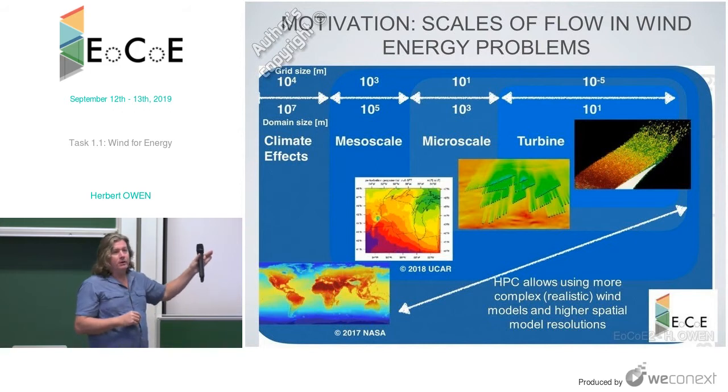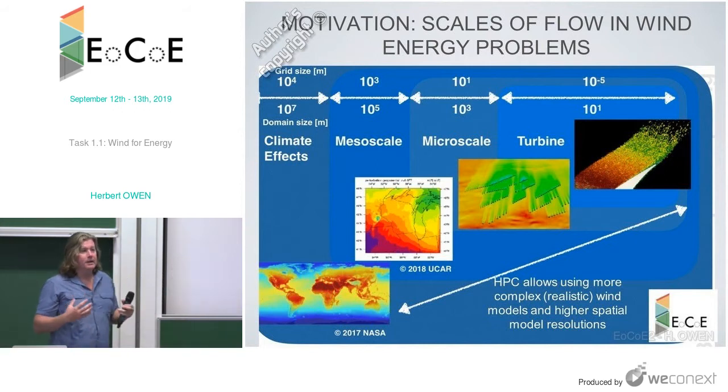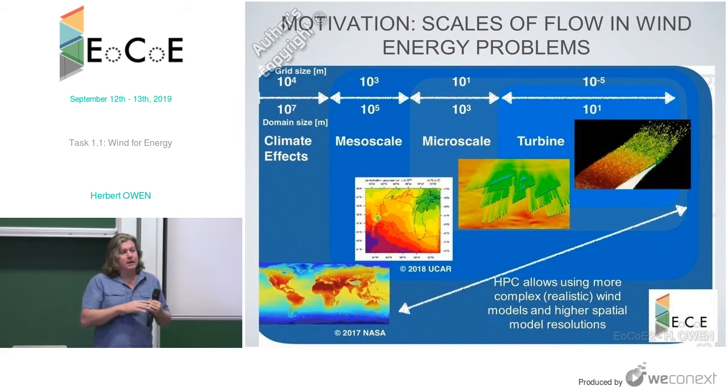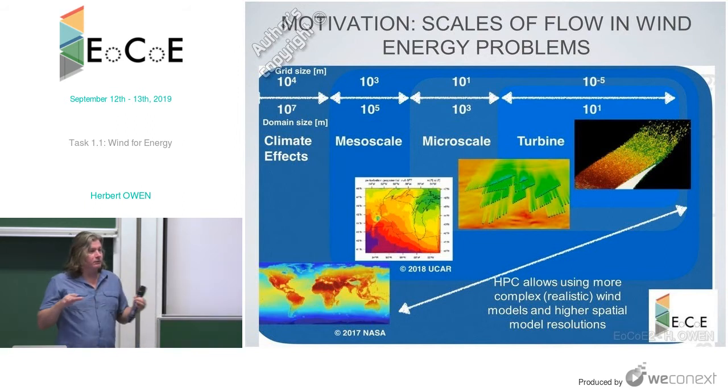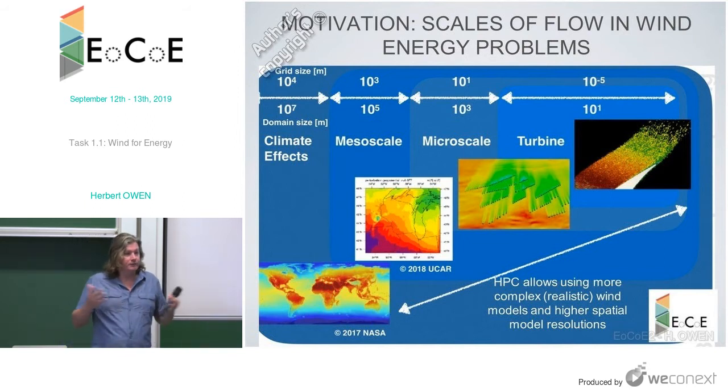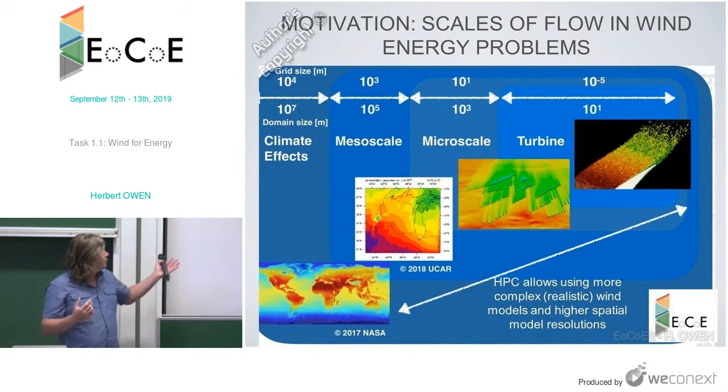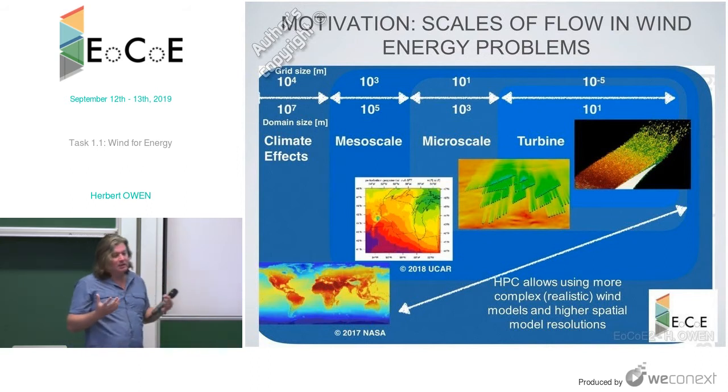Then come microscale simulations. That is what we do mainly. This is simulating the flow over a piece of land. This is pure CFD, normal CFD. What the people in the mesoscale do is not the typical CFD. This is what we do mostly. We simulate the flow over a piece of land, and we can take into account wind turbines.